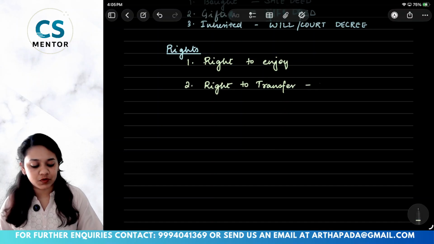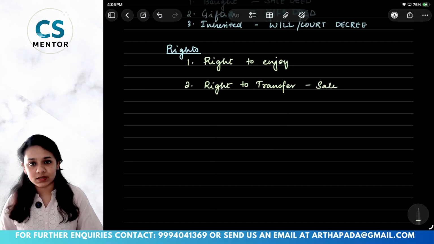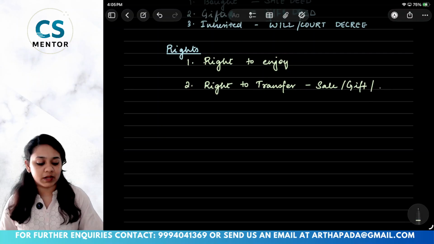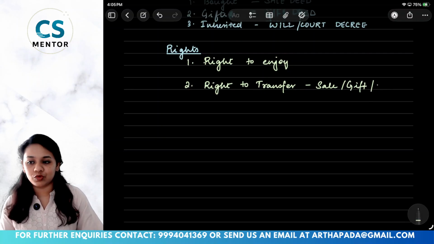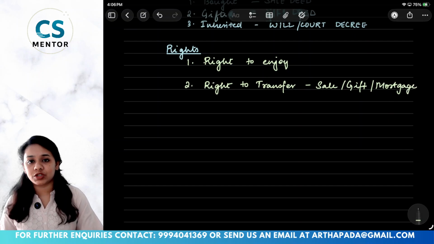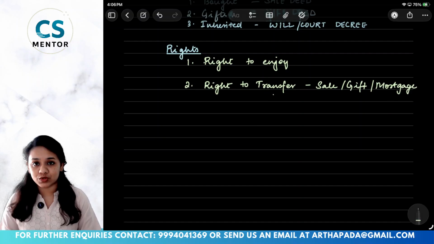And when we say transfer, what does it mean? You can either make a sale of it, or you can gift it to whoever you feel like, or if you want to pledge. Sorry, there's no pledging with immovable property. There's only mortgage of immovable property. If you want to mortgage it out, go ahead and mortgage it out. Okay, you have every right to transfer the property also.